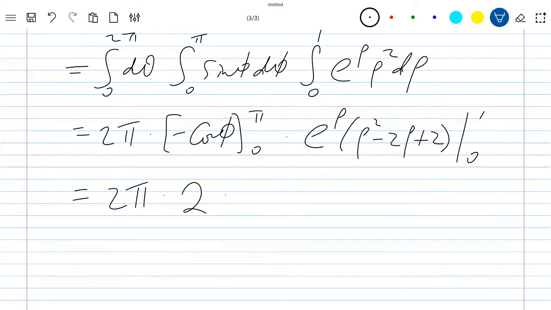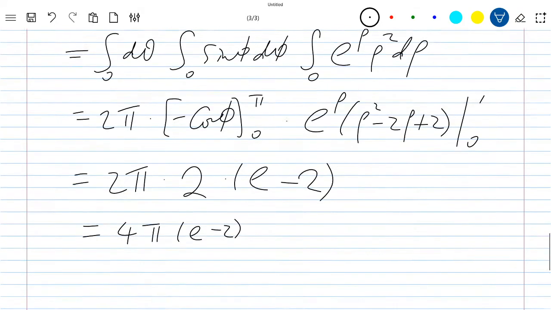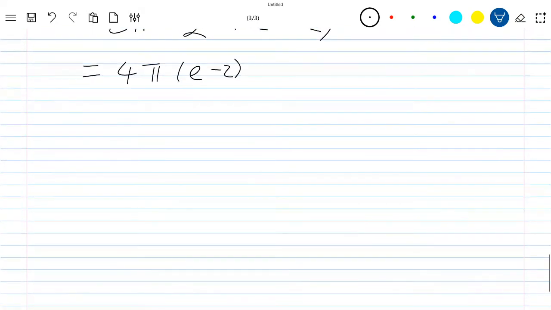And then plugging in 1, you get e times 1, so you get e minus 0 gives you 1, times 2. So that's your answer. Of course, you can write this as 4 pi times e minus 2. Alright, done with problem 1.